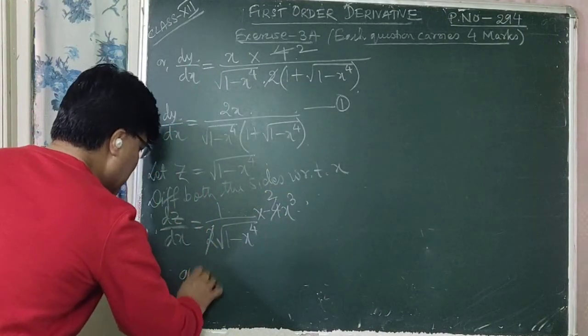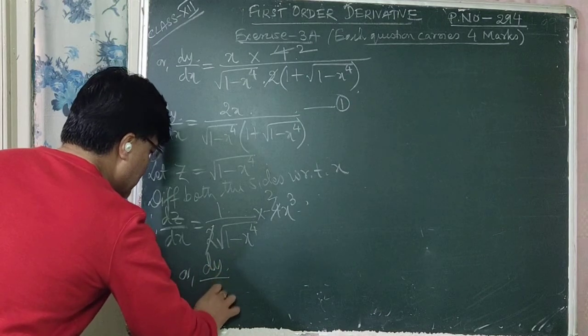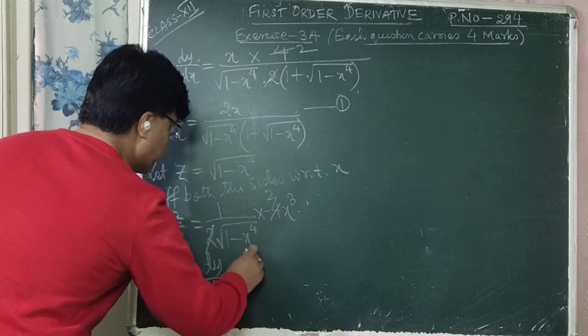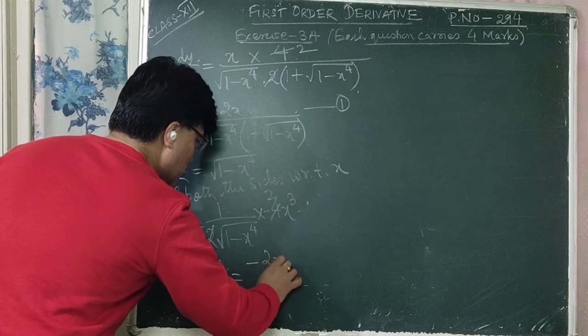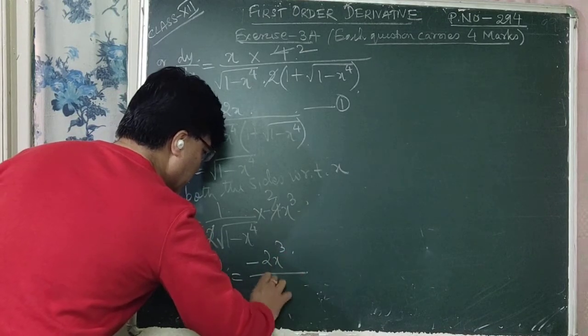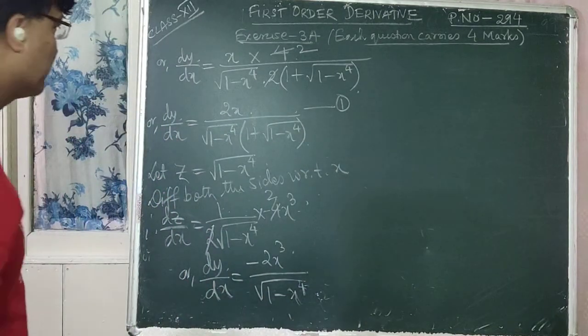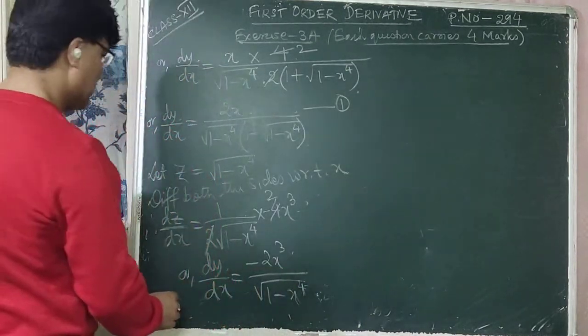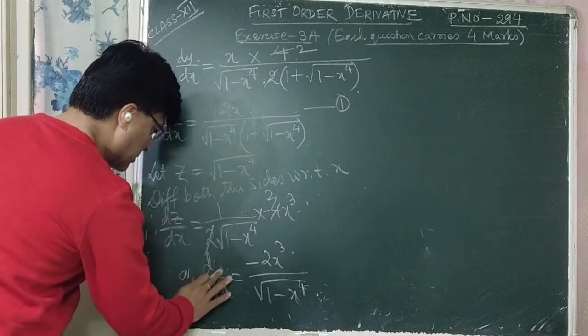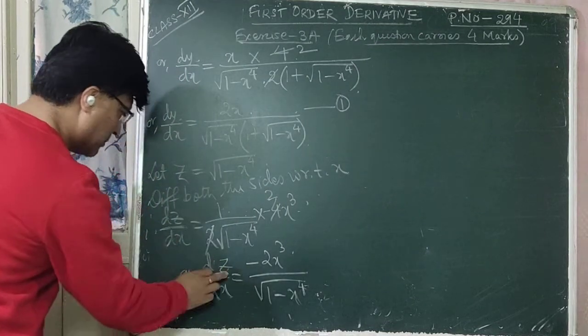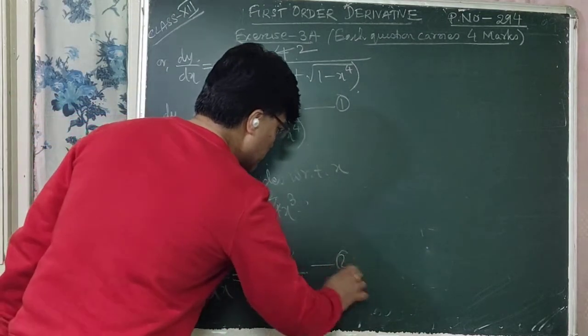So what do we get here now? So dz by dx is equal to minus 2x cube divided by root over 1 minus x to the power 4. So let us mark it, it is dz by dx. Let us mark it number 2.